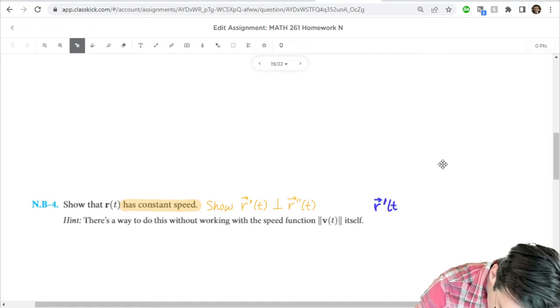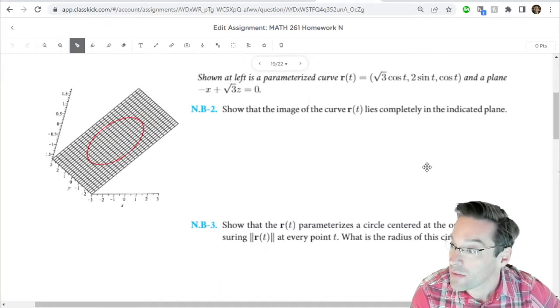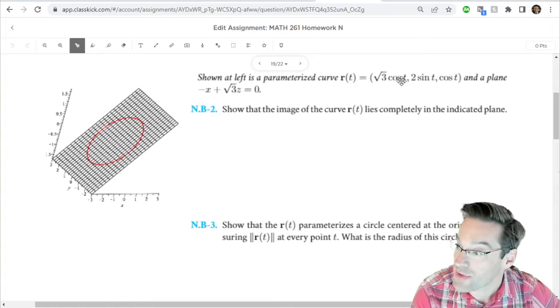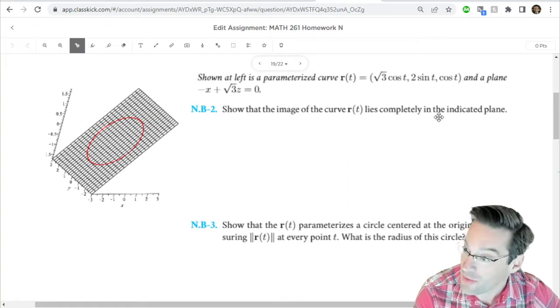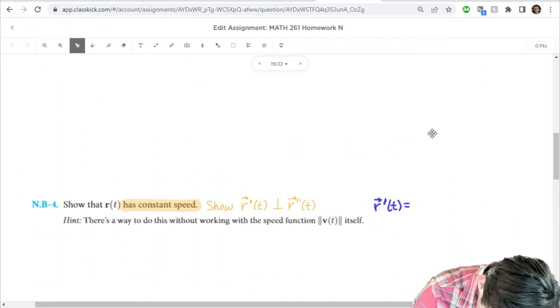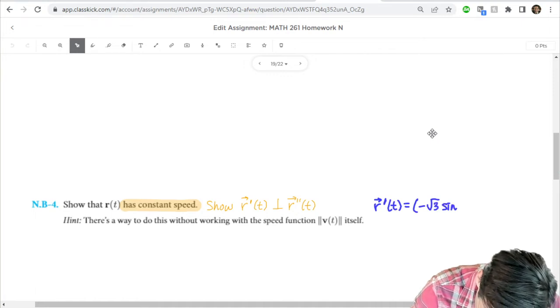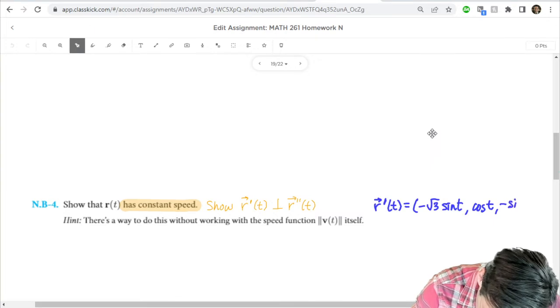So r prime of t, take the derivative: the derivative of the cosine gives me a minus sine, the derivative of the sine gives me a cosine, and the derivative of this cosine gives me a minus sine. So minus radical 3 sine t, cosine t, minus sine t.